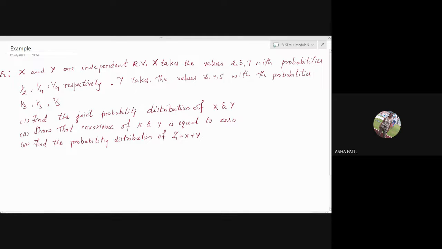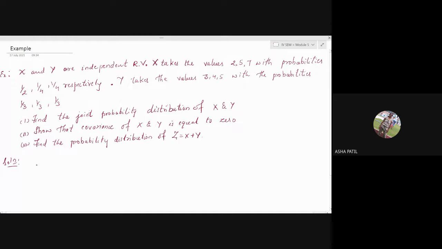Y takes the values 3, 4, 5 with the probabilities 1 by 3, 1 by 3, 1 by 3. Three questions are given again. Find the joint probability, find the covariance, show that covariance is 0, and find the probability distribution of z equal to x plus y.